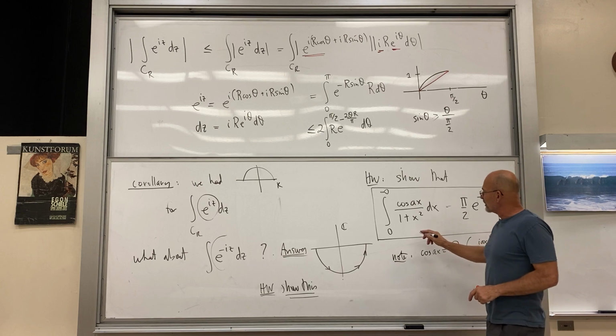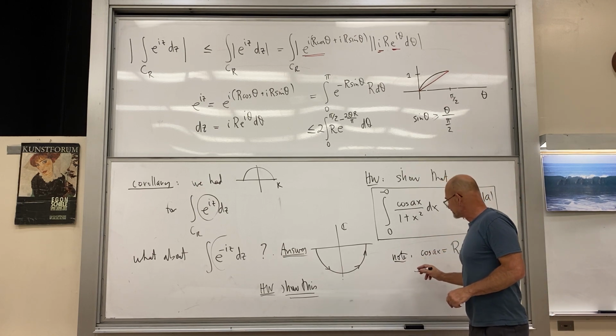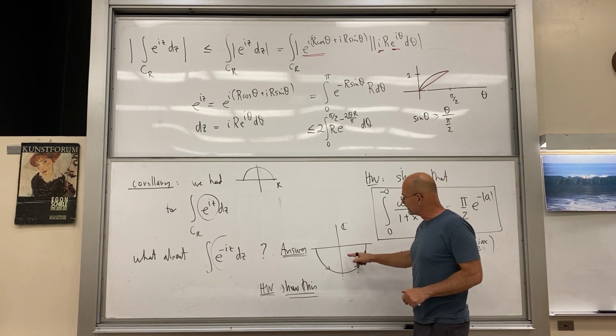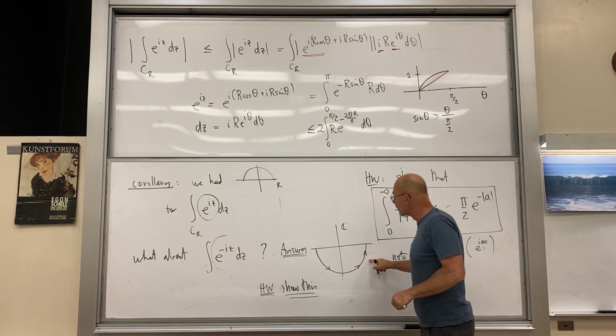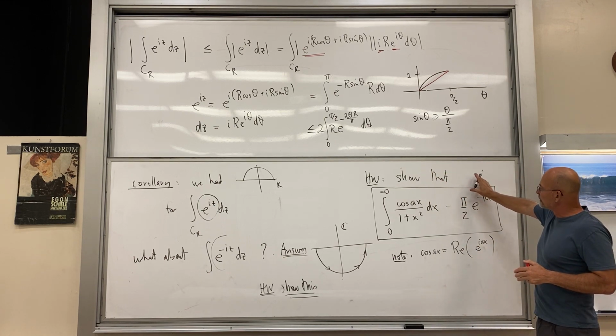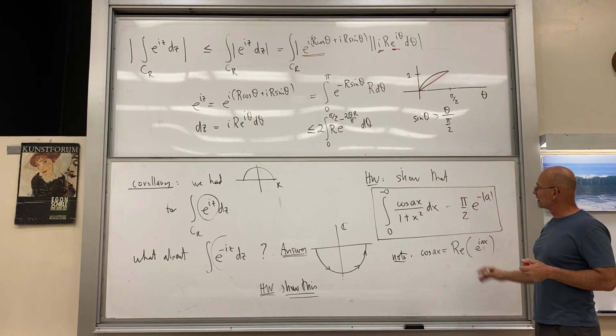Or you could express the cosine as the sum of the two exponential functions. But if you do that, you're going to have to split your integrals up and do one in the lower half plane, one in the upper half plane. Good, so however you decide to do this one, it's a pretty rich problem to think about.